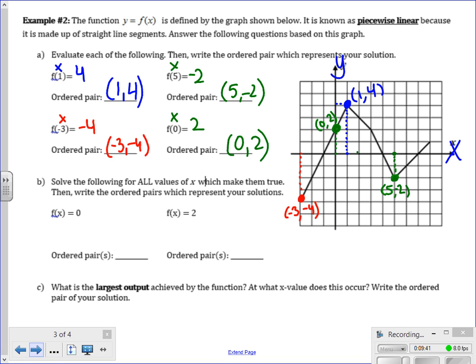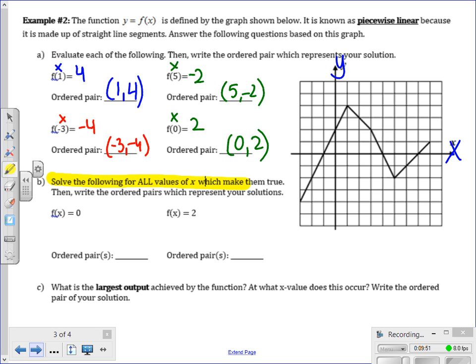Now let's think about things another way. I'm going to erase this graph here so I can draw on it again. Now we're going to solve all the following for the values of x which make them true. So notice here when I have f of x equals 0, that 0 is a y value. So I need to search for all the y values of 0.